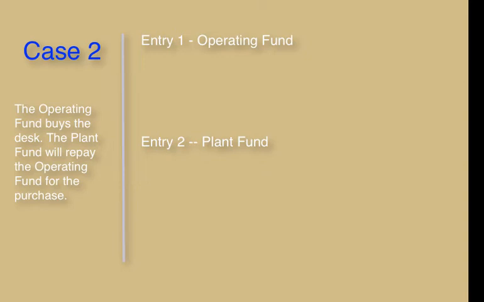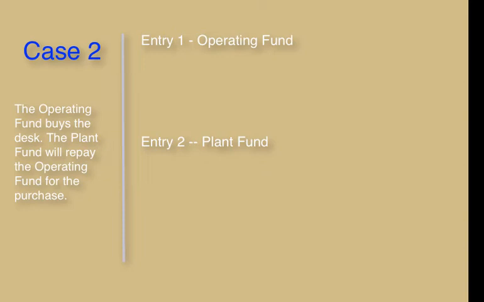Now in case 1, you will recall that we used a transfer out and in account. This time you're going to notice that we're using a due from and to account. You may be wondering what the difference is. Remember that in case 1, the purchase was made by the operating fund, but the plant fund was never going to repay the operating fund for the purchase.